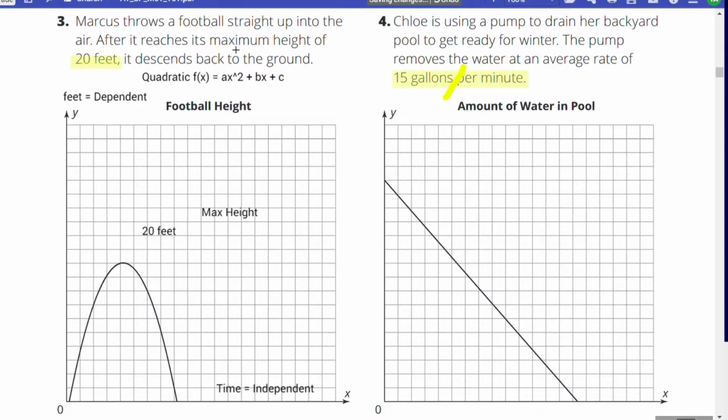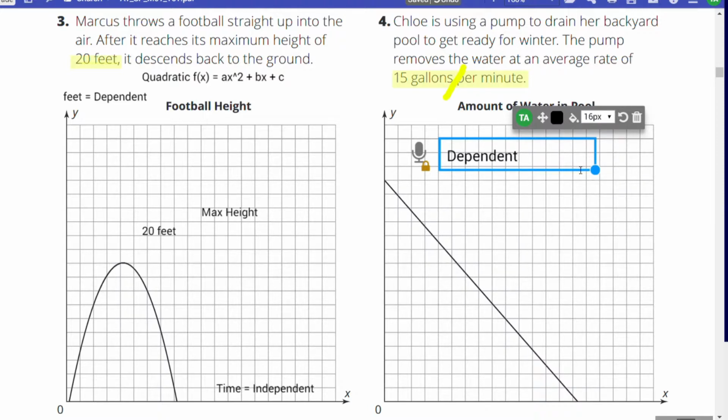In other words, I know that my gallons is going to be my dependent variable, so my y-axis or my dependent variable is going to be the gallons, and that's the y-axis.